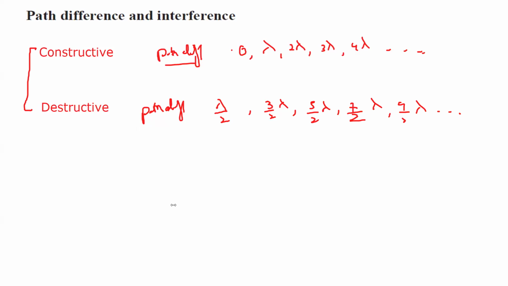Okay. Now, say we have source 1 and source 2, and there's a screen, or this is a position where we are observing.